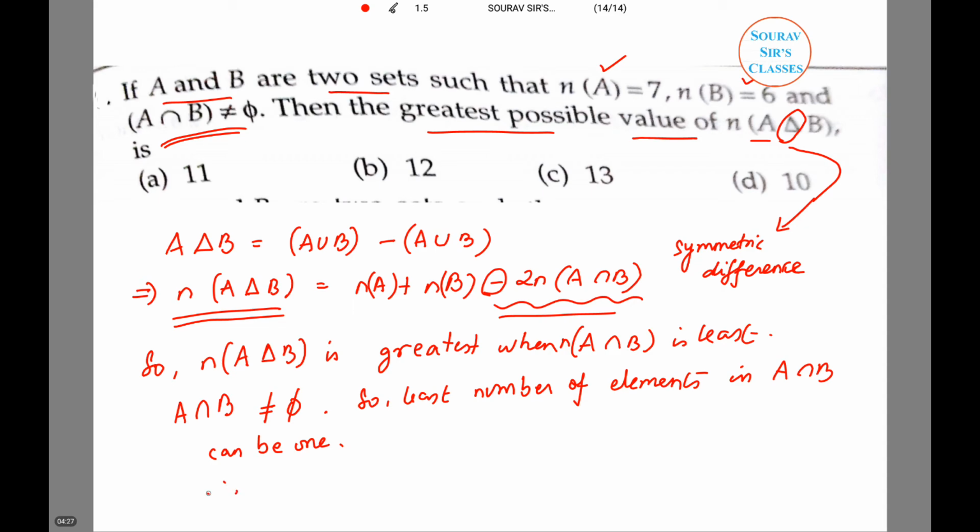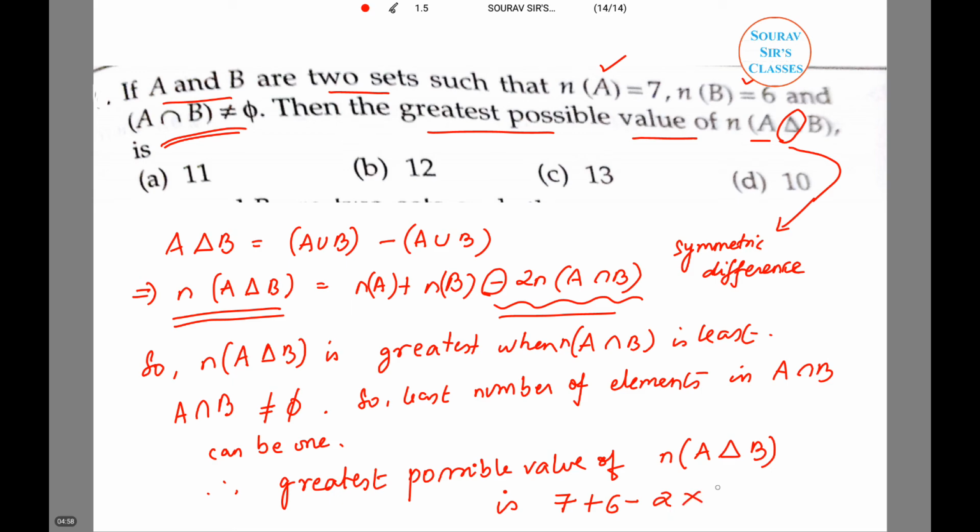Therefore, the greatest possible value of n(A Δ B) will be 7 plus 6 minus 2 into 1, where this is 1, this is 7, this is 6, and this 2 comes here. This is equal to 11. Our computed value is exactly equal to option A, so option A is the correct answer for this particular question.